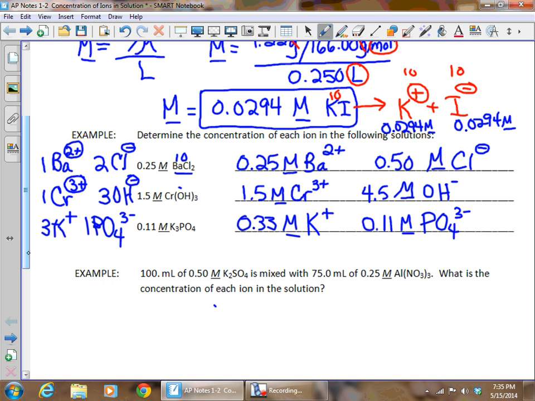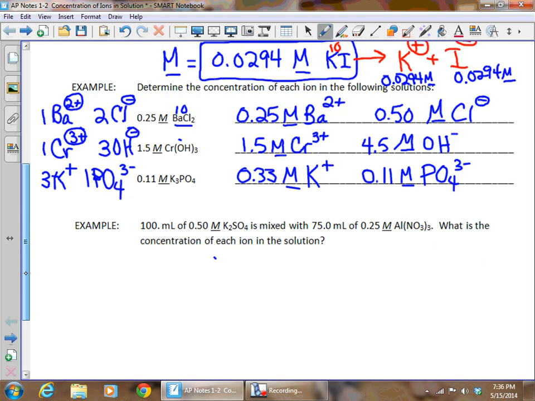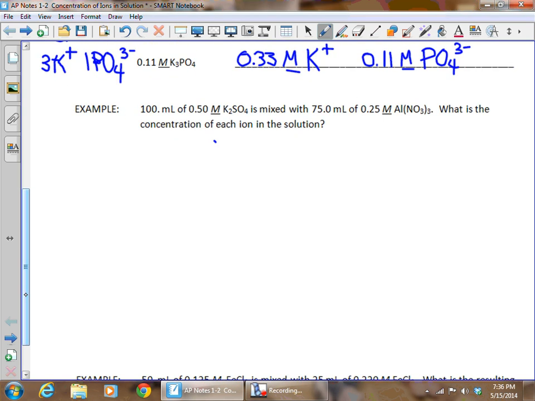So how does that translate then in a more difficult type of problem whenever we're talking about mixing 2 solutions together, each of which has a different composition? In this case, if we look at this next problem, we have 100 milliliters of a 0.5 molar solution of potassium sulfate, and we have 75 milliliters of a 0.25 molar solution of aluminum nitrate.